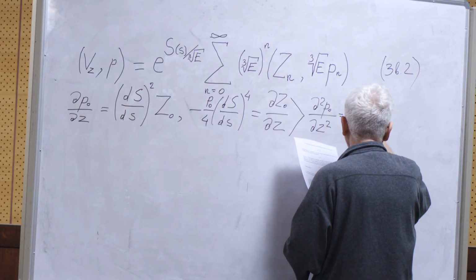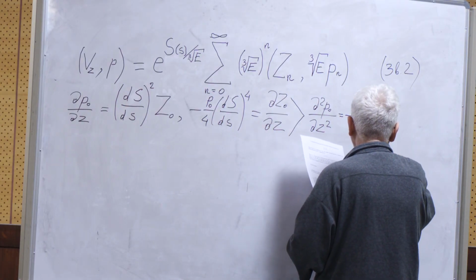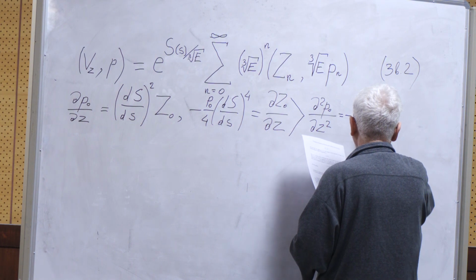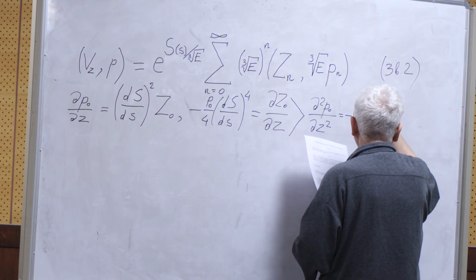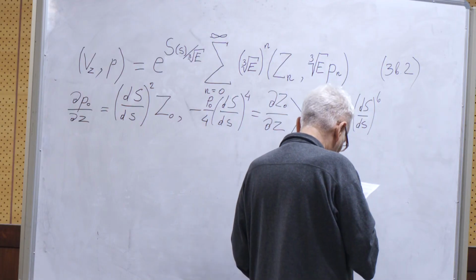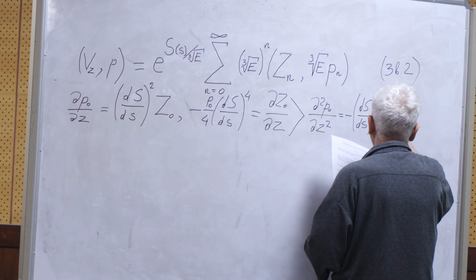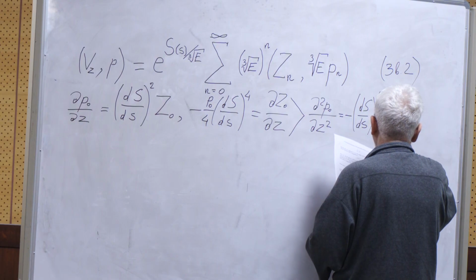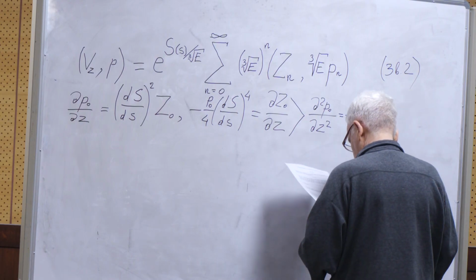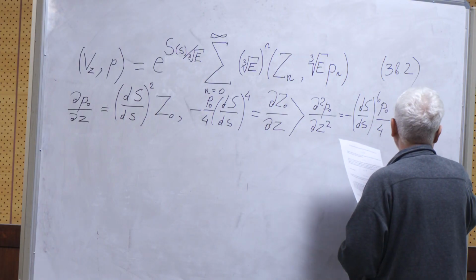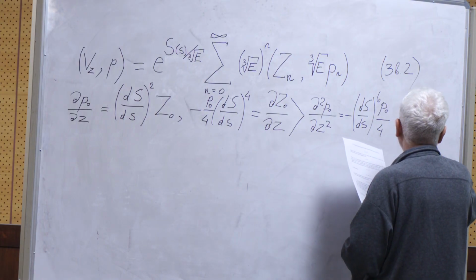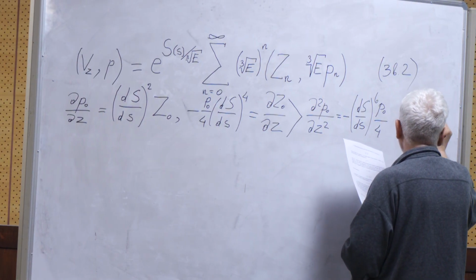Here the sixth power comes first, and also there is a contribution here. Okay, this is formula 3b3.